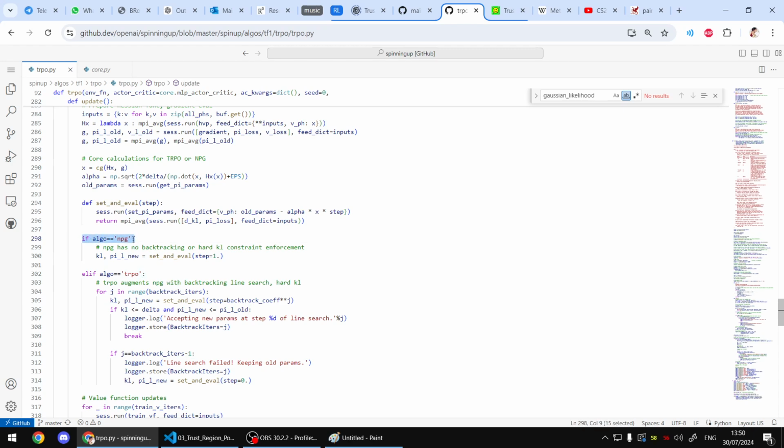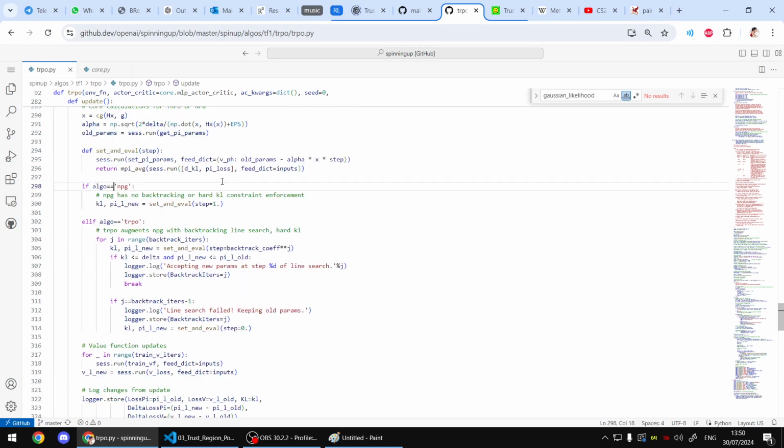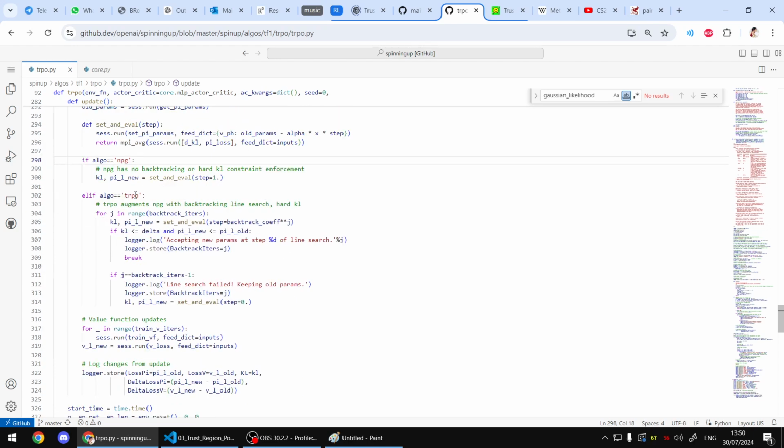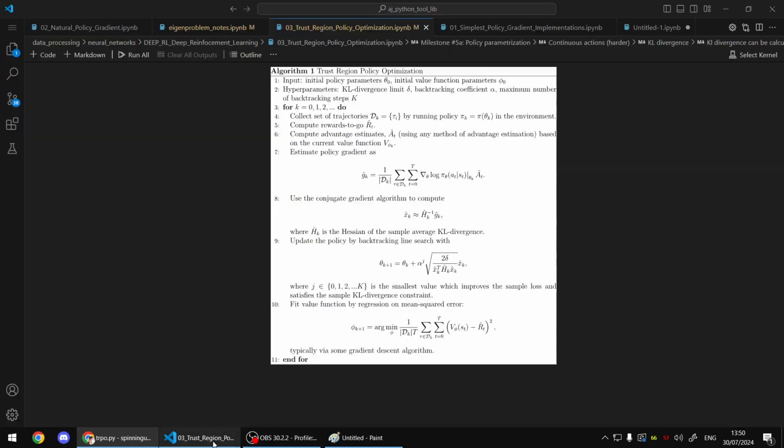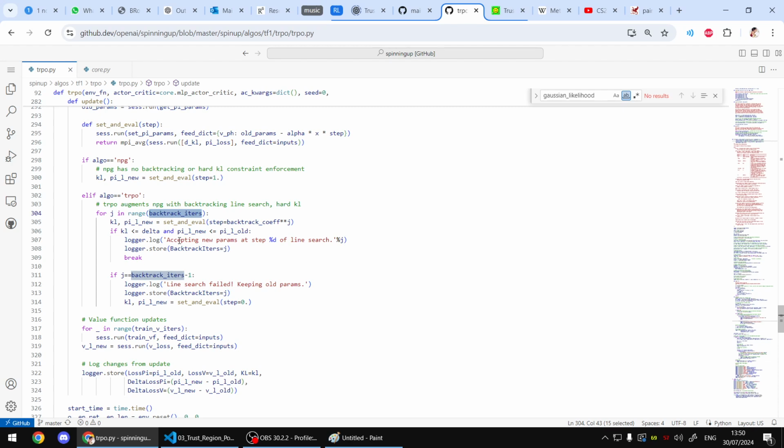They say if your algorithm is natural policy gradient, in fact, it should be truncated because they use conjugate gradient. Otherwise, it performs backtracking. And so you see they have some kind of iterations for backtracking, this J. And then they take a power of this. They evaluate KL divergence.